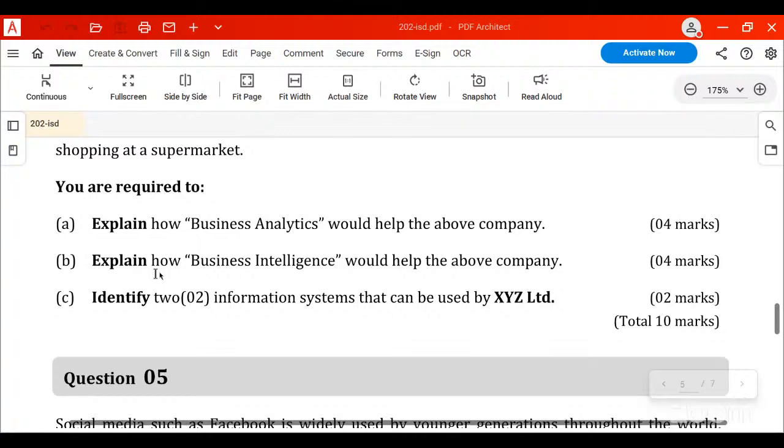Explain how business analytics would help the company. 4 marks. What is business analytics?